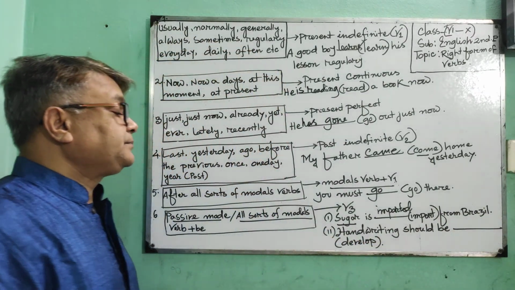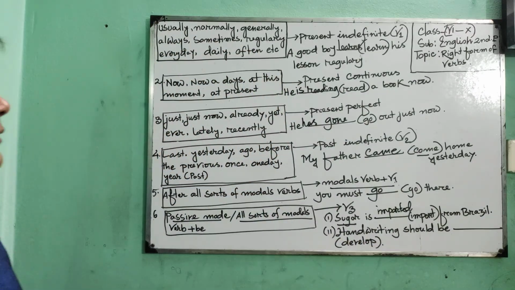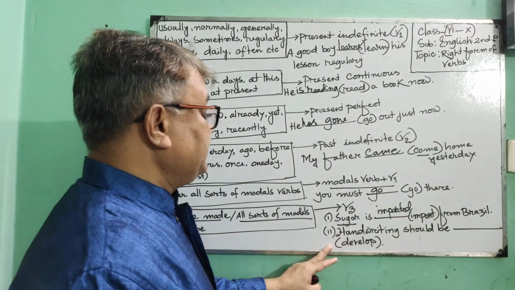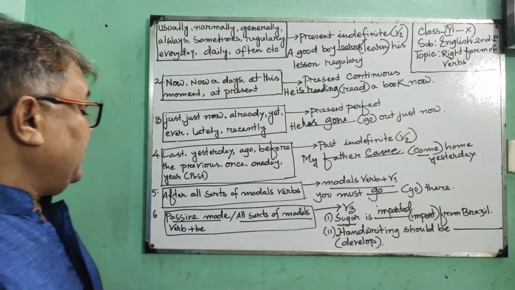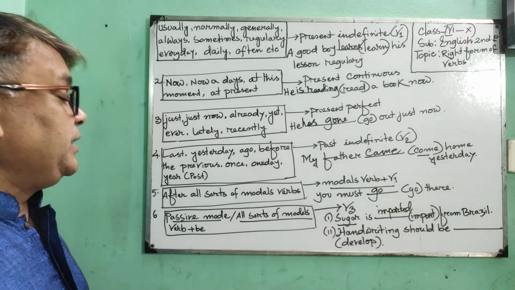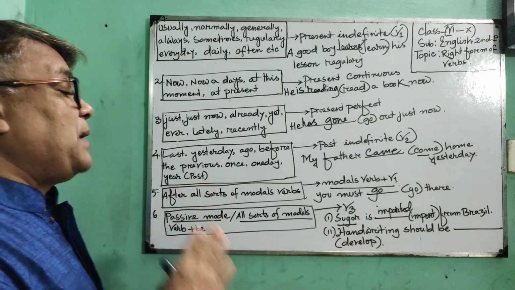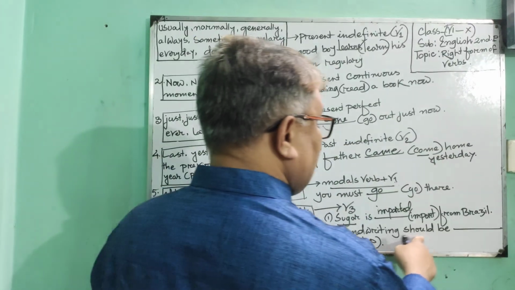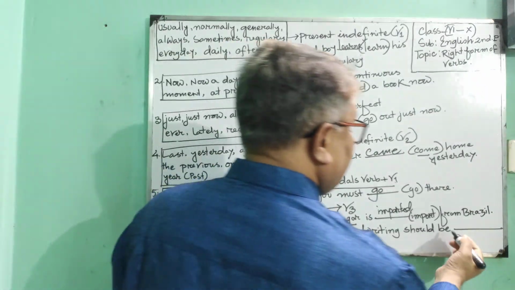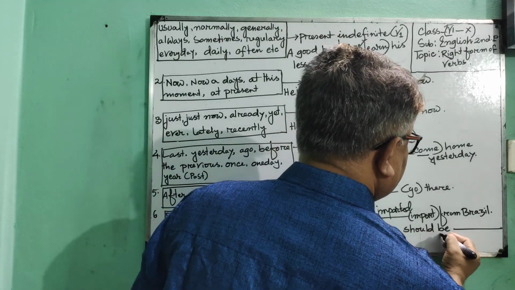Dear learners, look at example 2. In previous time I told you, if you find modal verb plus be, this is a modal verb, and there is be.